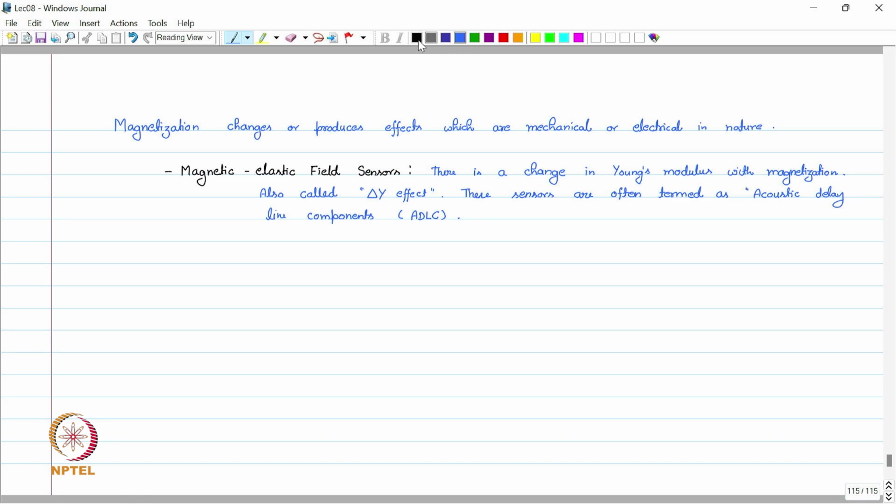So this is the first type of sensors. The next, we can make torque or force sensors using magnetic materials.